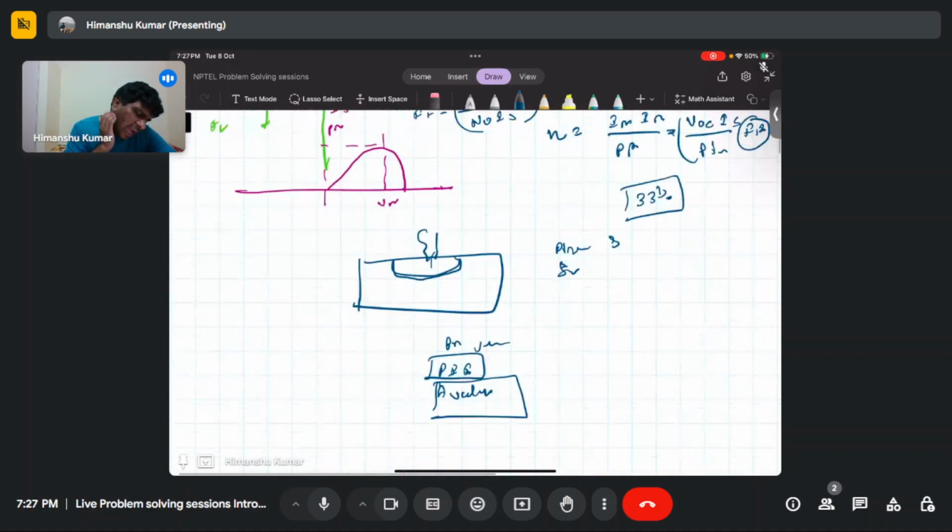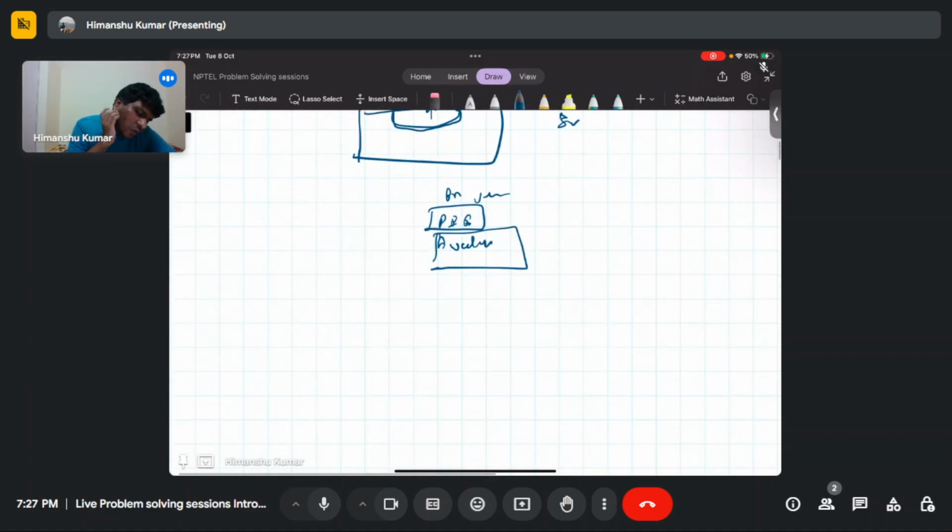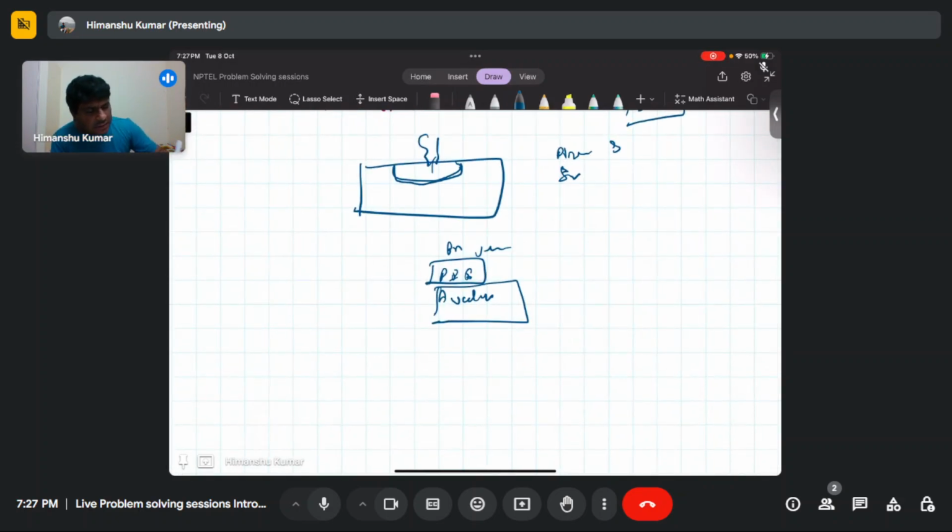Let me talk about the photo detector metrics. One is the quantum efficiency, the other is the responsivity.